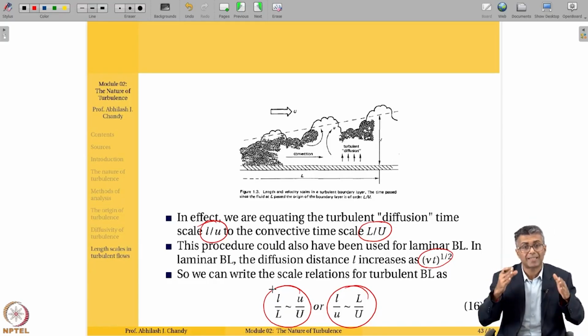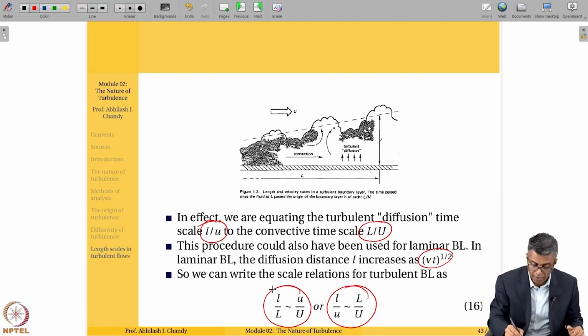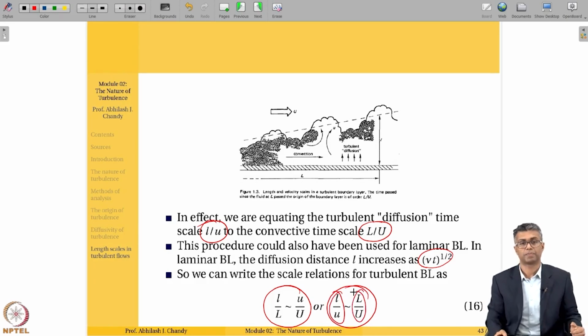Or in terms of time scales, the diffusion time scale is of the same order of magnitude as the convective time scale. Again, this is momentum diffusion.